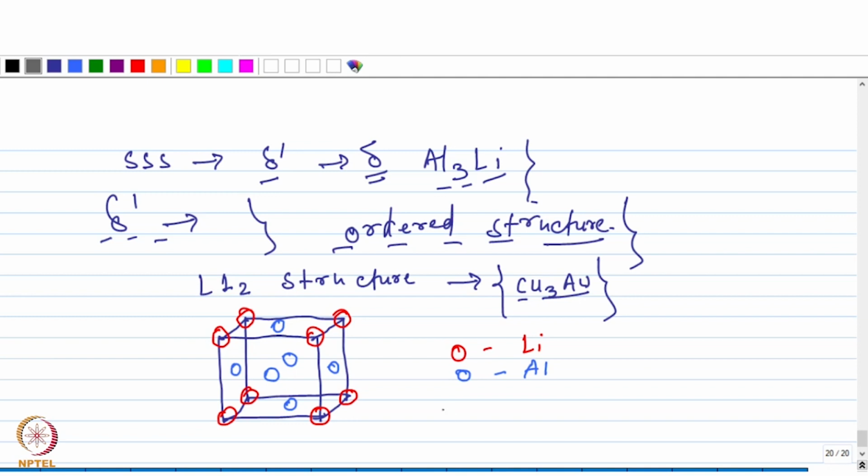And the lattice parameter for this particular structure is around 0.403 nanometer. So you can see, this is very close to the parent metal aluminium, and therefore the misfit strain is low for such precipitates.